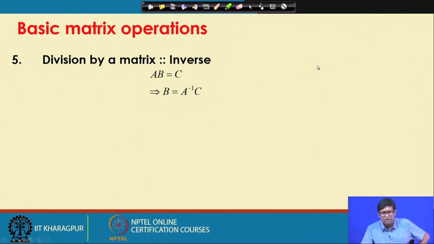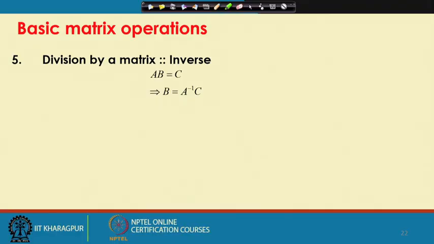Now, there comes another important operation, division by a matrix. So, we have seen matrices can be added, matrices can be subtracted, matrices can be multiplied. Is it possible to divide a matrix by a matrix? And this division is in a way handled by a matrix operation called inverse.